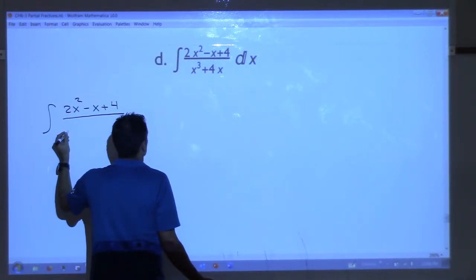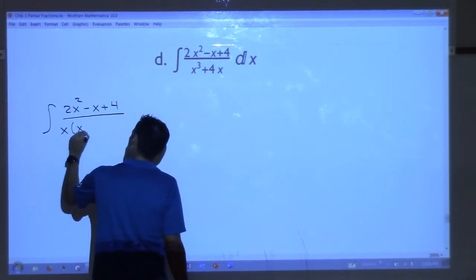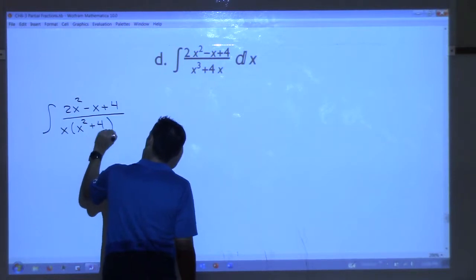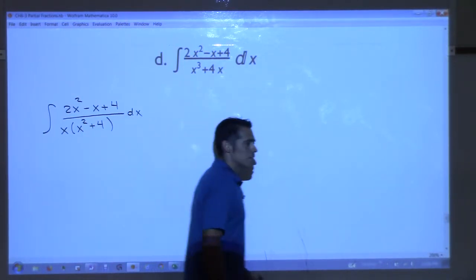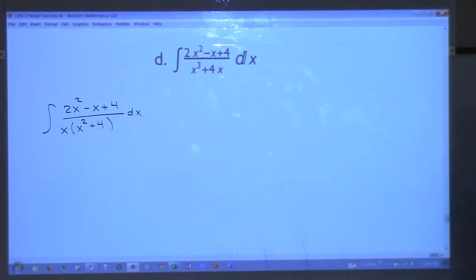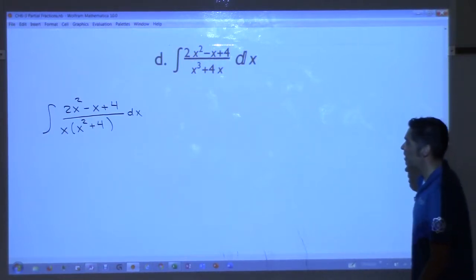That's it. X, and then we're left with x squared plus 4. You cannot break down x squared plus 4. That is an irreducible quadratic. Agree?